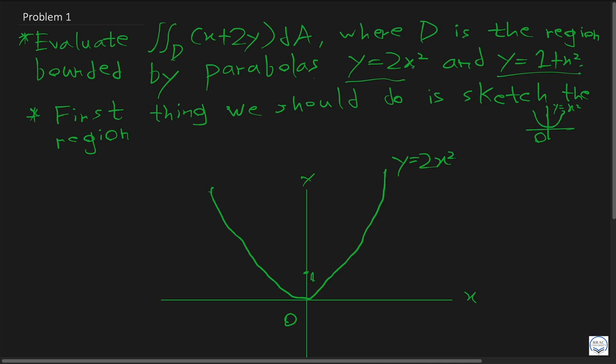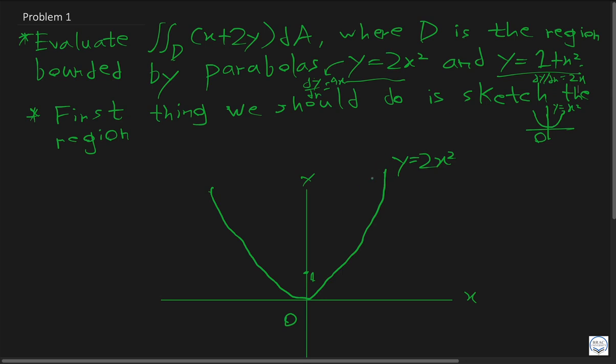You can test it out if you take the derivatives, although it's not necessary. The derivative of this gives 4x, and the derivative of this gives 2x, which means this one is twice as steep.